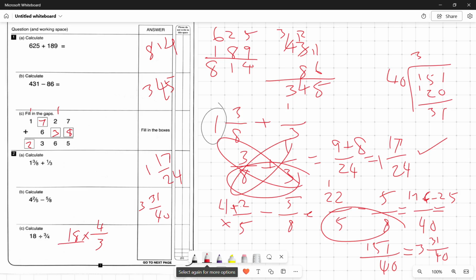As 18 is a numerator with nothing under it, I can write 1 as the denominator. Very simple cancellation. 3 times 1 is 3, and 3 times 6 is 18. Now you multiply 6 times 4, which is 24.